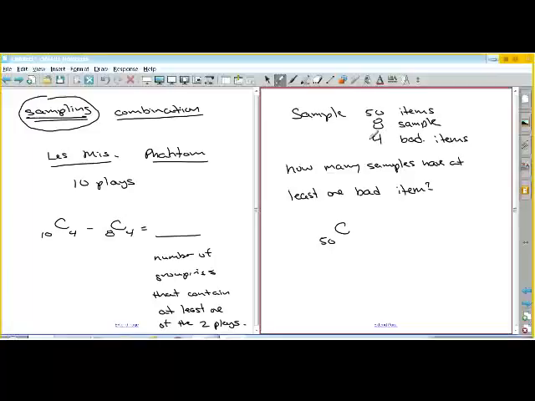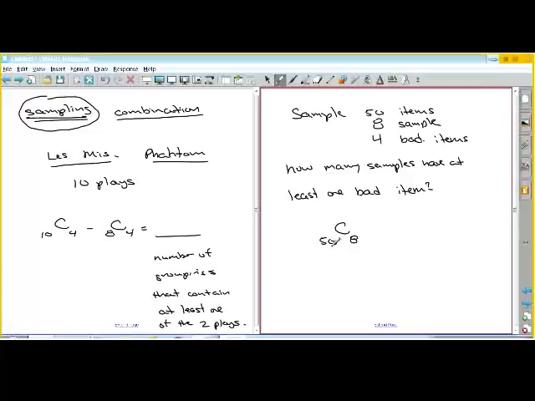What are the number of possible samples out of the total that have at least one bad item in it? Okay, how many samples have at least one bad item? So you would have 50 items. This is the total, including the ones that have the bad, including the 46 that are good, and you would take those 8 at a time.